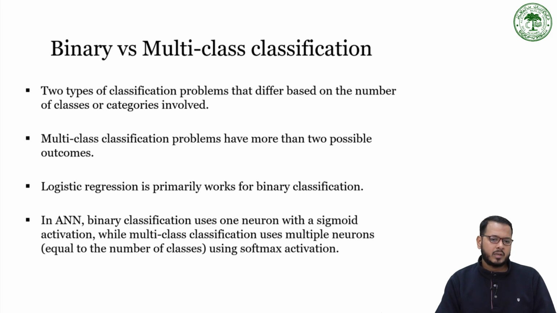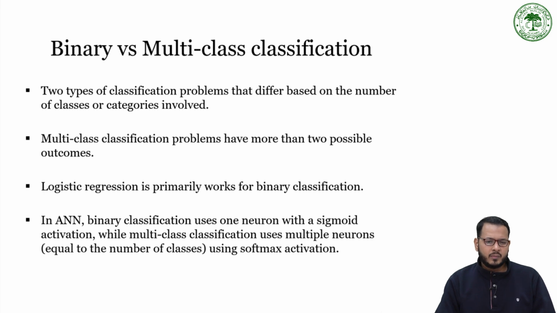We have used logistic regression so far. It is primarily used for binary classification. On the other hand, in neural networks, binary classification uses only one neuron with a sigmoid activation function, while neural networks also handle multi-class classification problems easily using multiple neurons equal to the number of classes, using a different activation function called softmax activation.